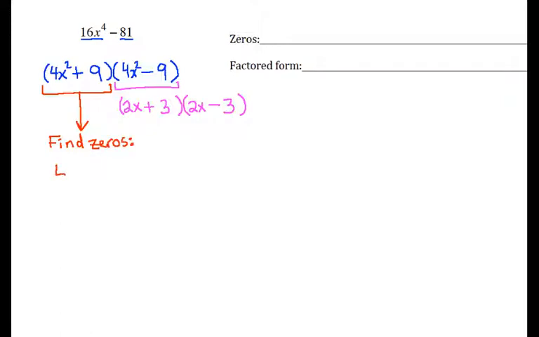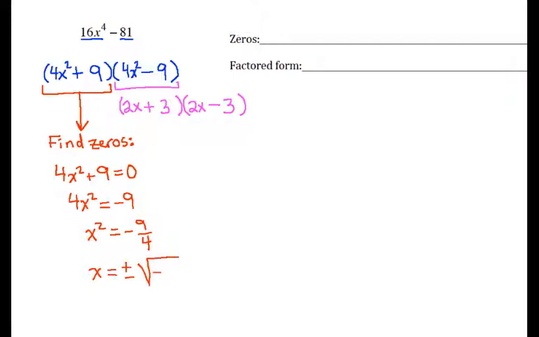So we will start by setting this equal to 0, and then solve the equation by whatever method is appropriate. Again, the square root principle seems to be a good choice here. So I will subtract 9, divide by 4, and then take the square root of both sides, getting me plus or minus the square root of negative 9/4.